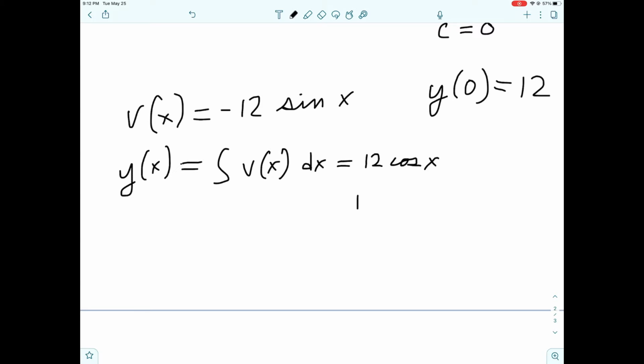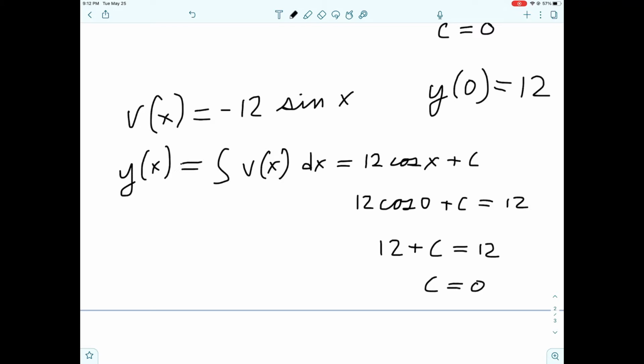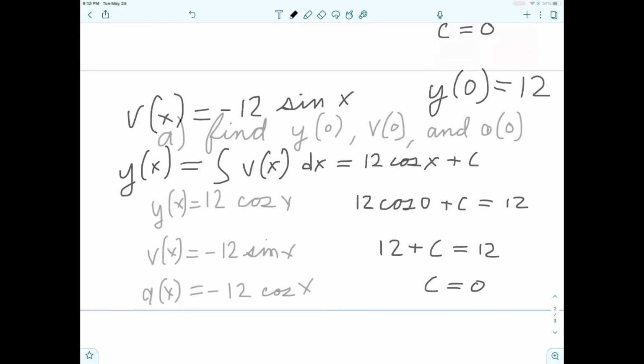So the integral equals 12 cosine of x plus c, and we're going to set 12 cosine of x plus c equal to 12. Sorry, cosine of 0 plus c equal to 12. And this will give us 12 plus c equals 12, figuring out that c should equal 0.